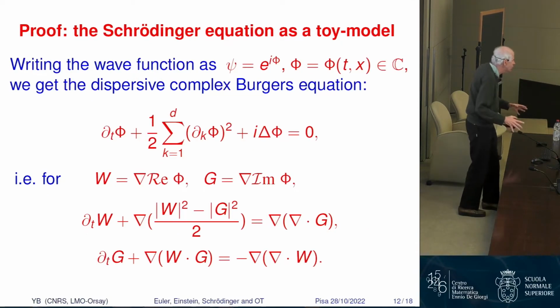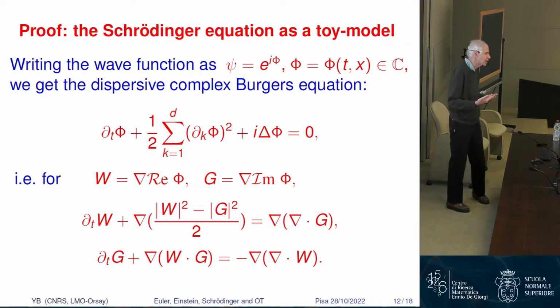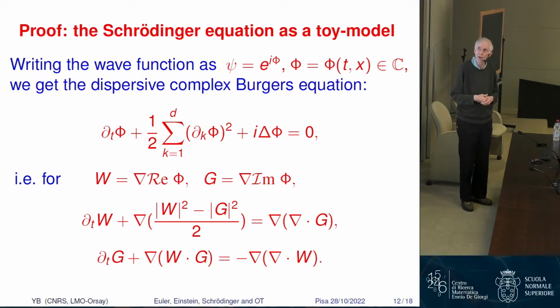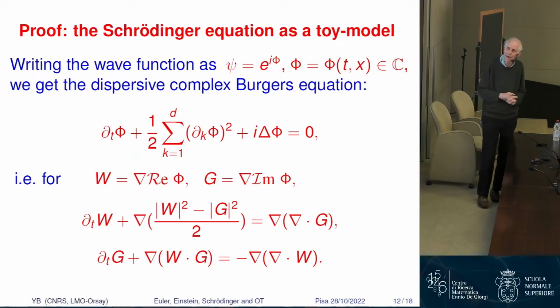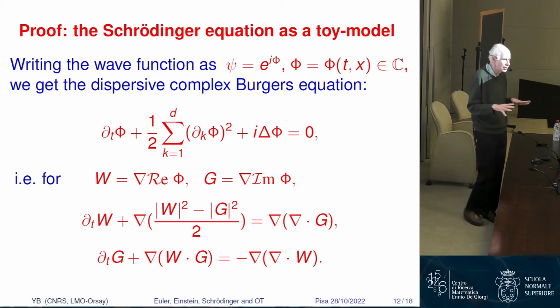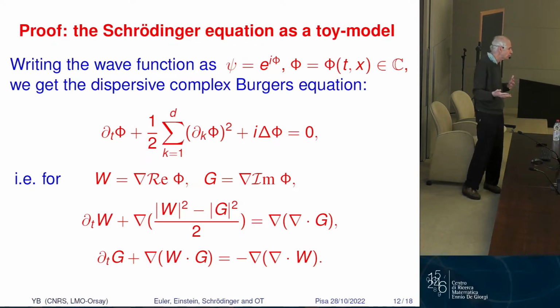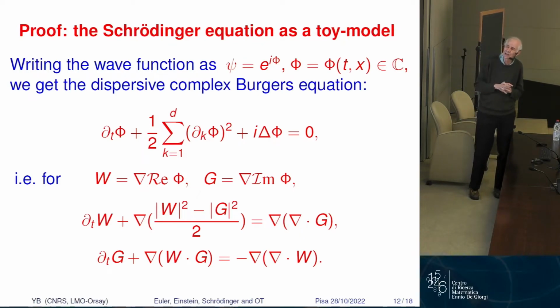So now let me move, in the minutes I am left with, to the treatment of the Schrödinger equation, because it's more or less very similar ideas. The first step, which is specific to the Schrödinger equation, is to use something which is essentially the Madelung transform, but it's not written exactly in the way of Madelung.